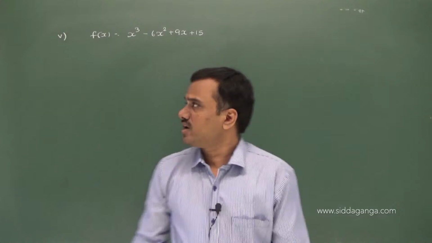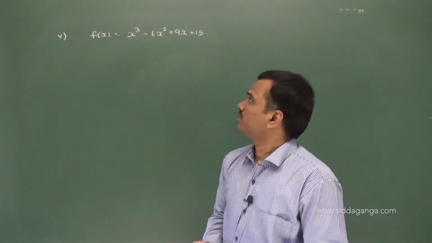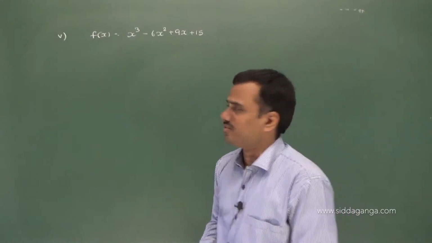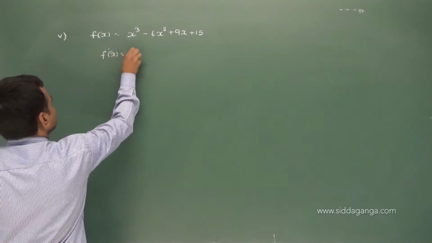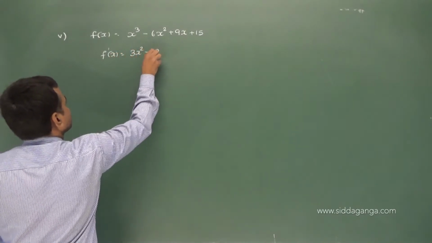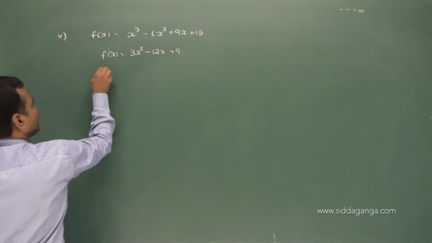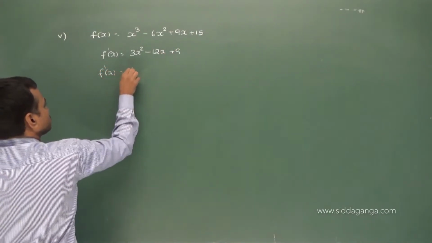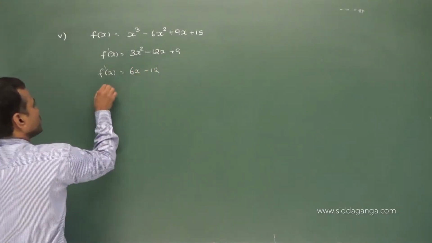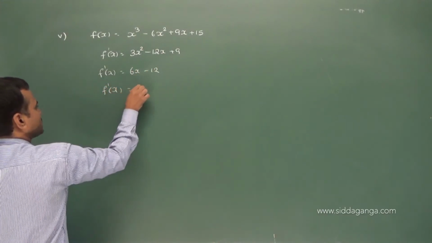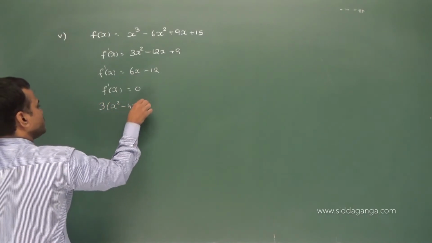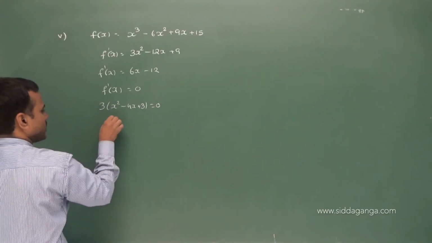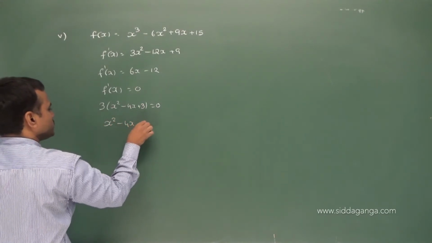Okay, f dash of x, then f double dash of x. f dash of x is equal to 0. I take 3 common: x square minus 4x plus 3 is equal to 0.